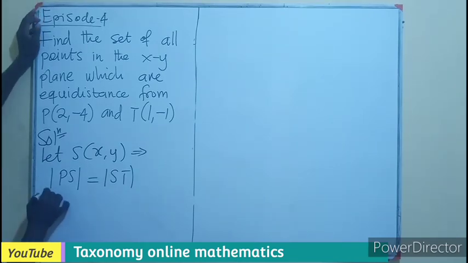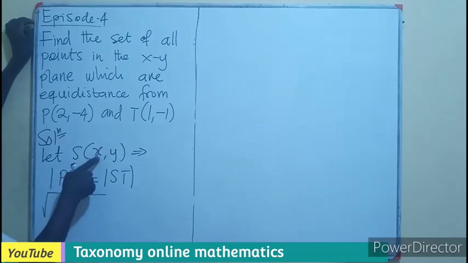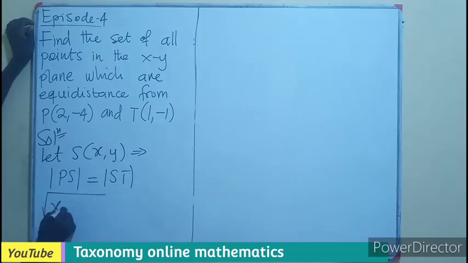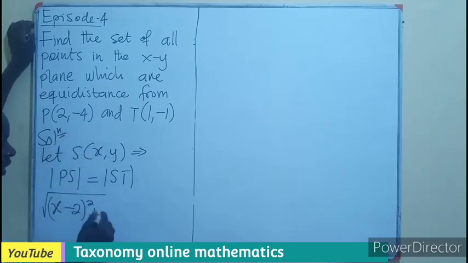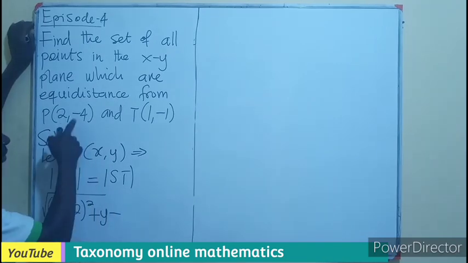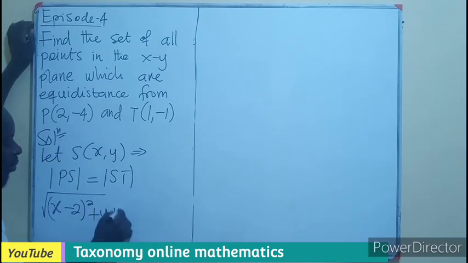Magnitude is just the square root of (x2 minus x1) squared plus (y2 minus y1) squared. In this case, I can have x minus 2 all squared, plus y2, which in this case is y minus negative 4, so plus 4 all squared.